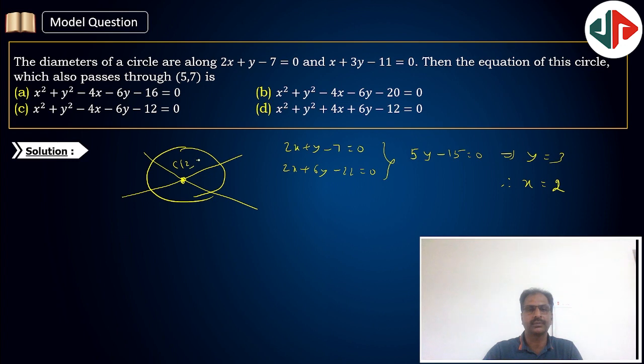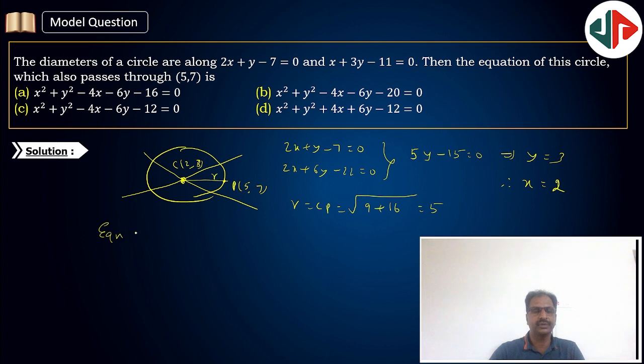Now, you have to find the equation of circle, when that circle is passing through the point 5 comma 7. So 5 comma 7 is a point on the circle. Therefore, distance between center and that point is radius. r is nothing but CP, which is under root of 2 minus 5 whole square plus 3 minus 7 whole square. So radius is known, center is known.